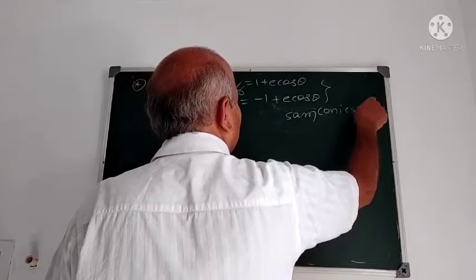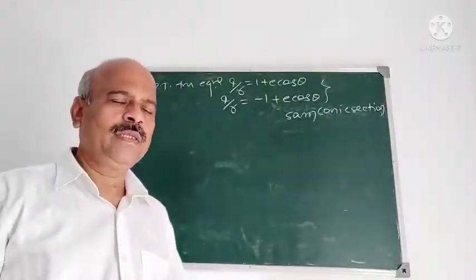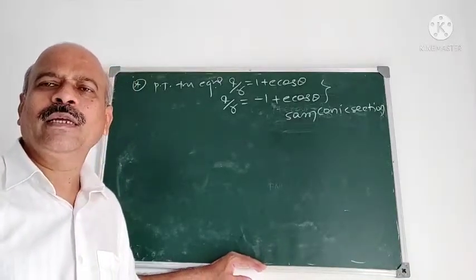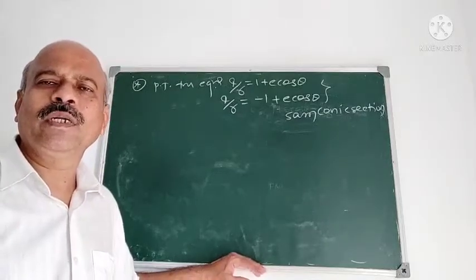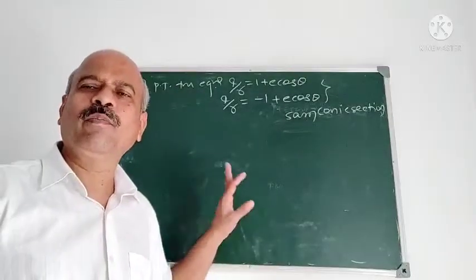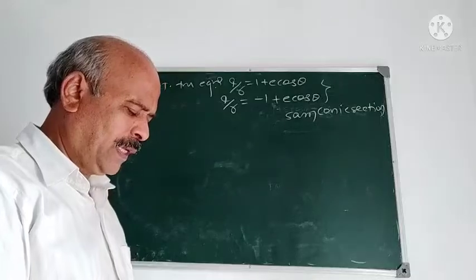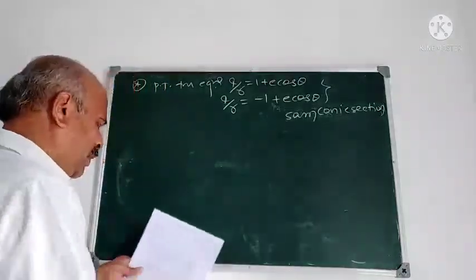First important result here: in the standard equation we have derived, l by r is 1 plus e cos theta is the equation of the conic section. What is l? Semi-latus rectum. e is eccentricity. And the focus is referred to as the pole. Now, these two equations are the same. l by r is 1 plus e cos theta and l by r is minus 1 plus e cos theta represent the same conic.